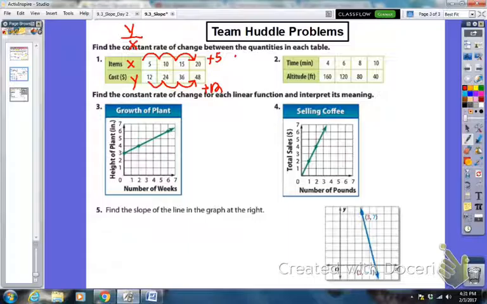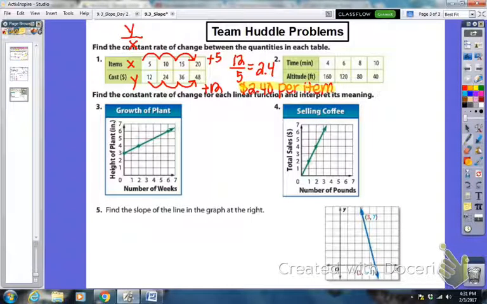So if I take 12 divided by 5, you get 2.4. Now on this problem, we're dealing with money and items, so it's actually $2.40 per item. So remember to put a unit on your answer.